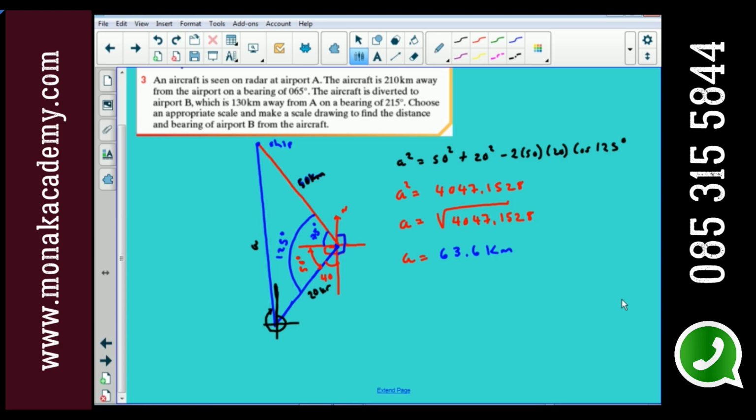In order to calculate this angle, remember here we know it's 90, 180, 270. So what we just need to know is, what is this part? How do we know it?